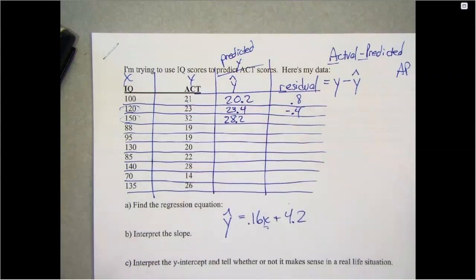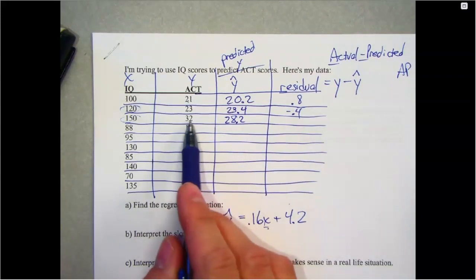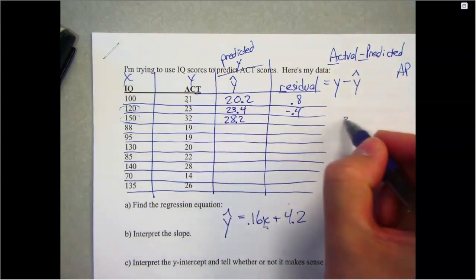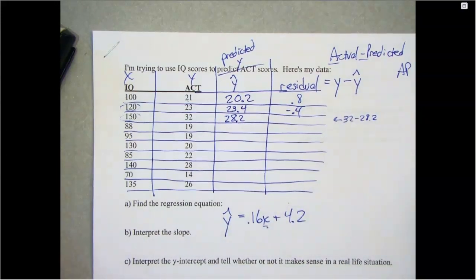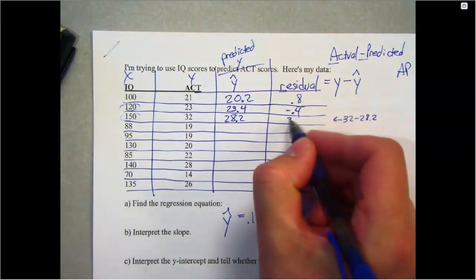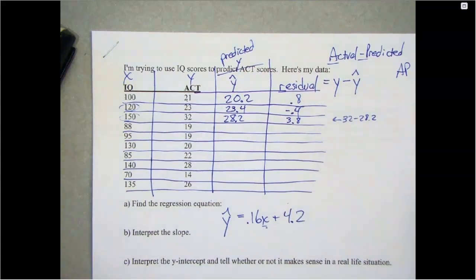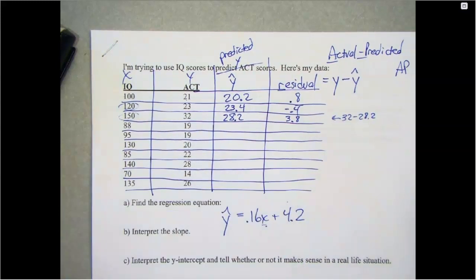That person got a 32, so just to write down what I'm doing, we do actual minus predicted, so 32 minus 28.2. They did 3.8 better than we expected them to. They would be above the line, they outperformed, and so they have a positive residual. You guys fill the rest of the chart out? We good? Okay, keep going.